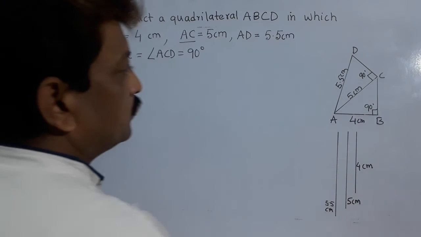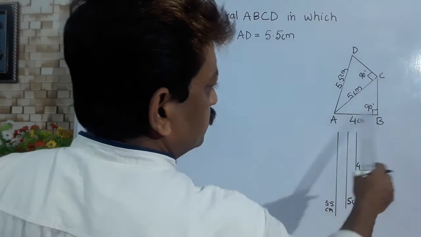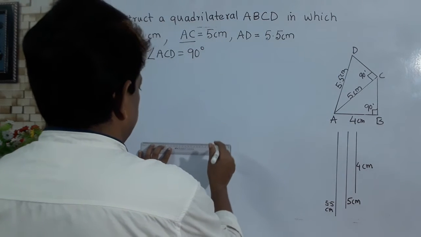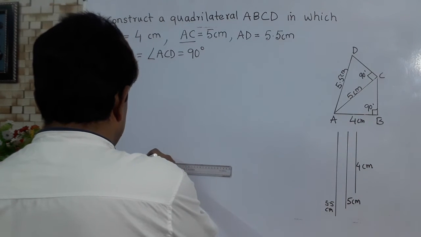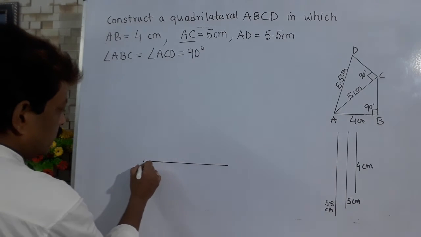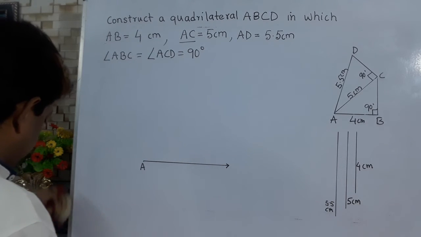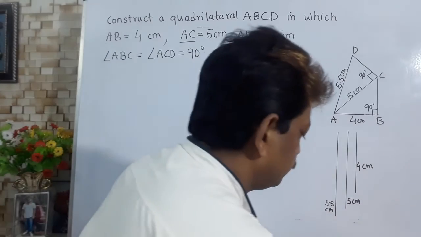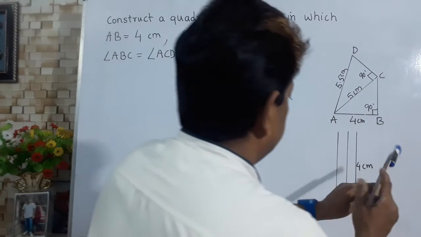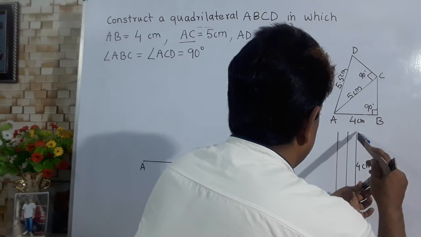So now, since angle B is given and AB is also given, it is better to start with AB. So AB is 4 centimeter. First of all, a line is drawn where we know A, but B we don't know. B we have to locate with the help of compass. So AB is 4 centimeter. Let me take the measurement from here. 4 centimeter.